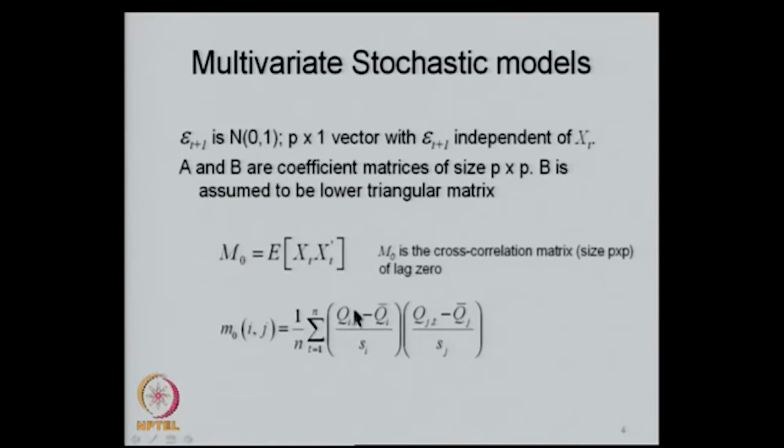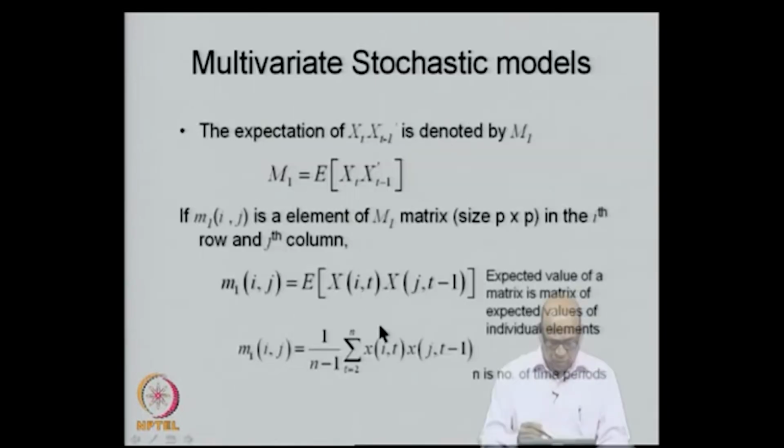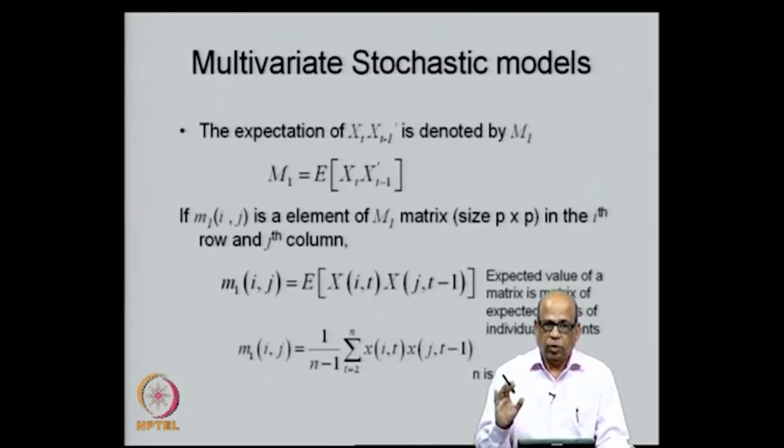Now, here I have written in terms of q, which is the flow. Here I have written x, which also means the flow. So, x is the same as the q that we have written earlier. Remember that M 1 as well as M 0 are completely defined once you have the data. That means you will be able to form the matrices M 0 and M 1 just based on the observed data.